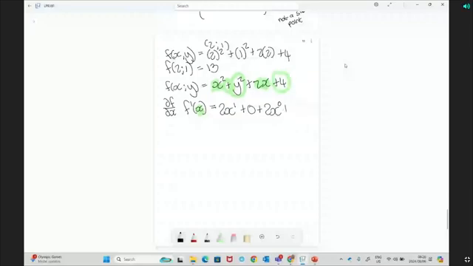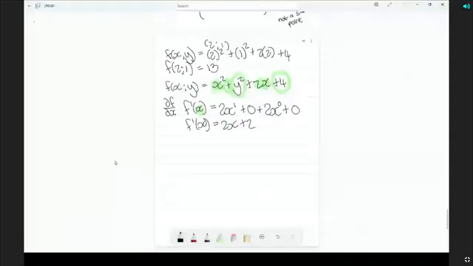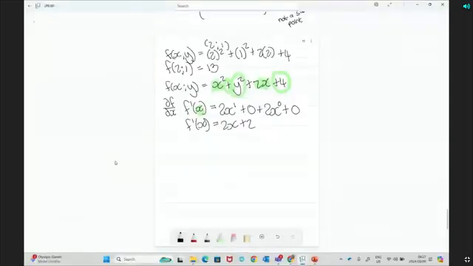Now we have to do the same for our other variable. We only have one other variable, which is y. So we now go and say the first derivative, but in terms of y. So we're going to work now in terms of y. Same function. We're not doing yx or xy. It's still the same function we're looking at, but now in terms of y. So our first term doesn't have a y, so we see it as a constant.